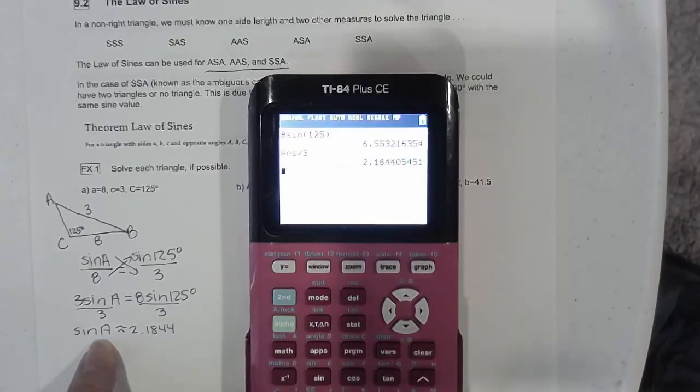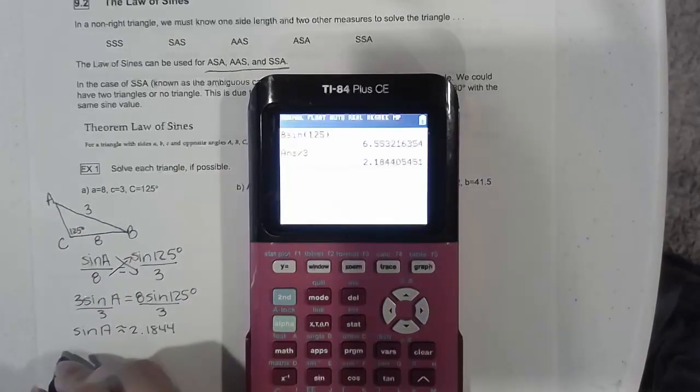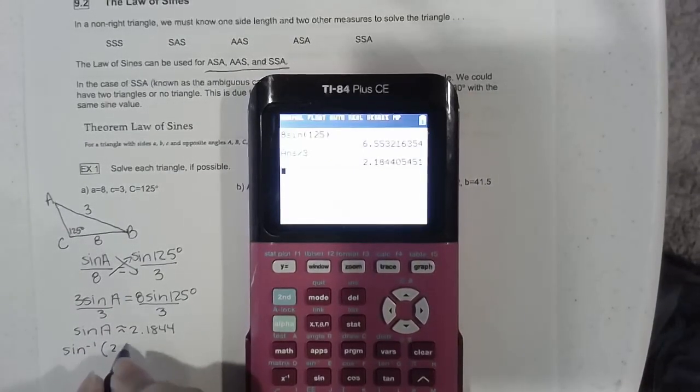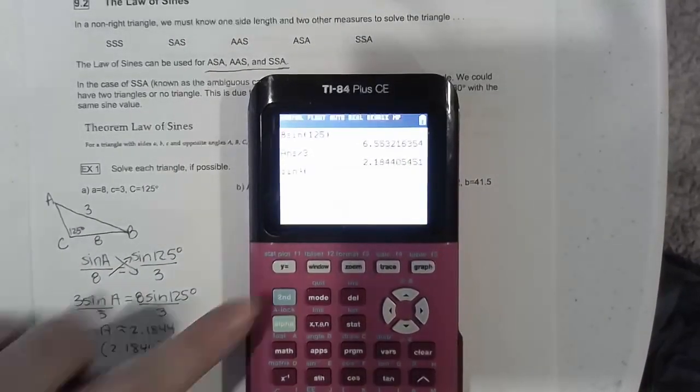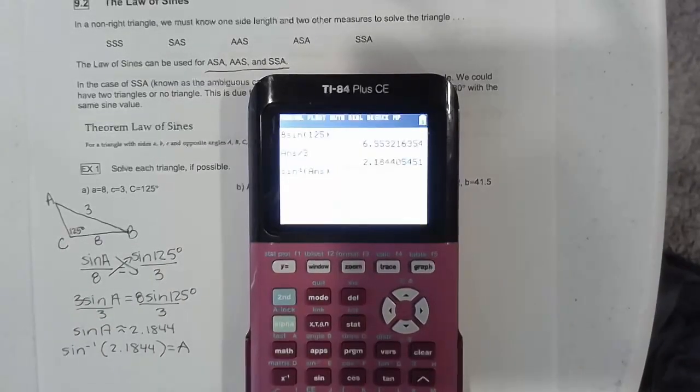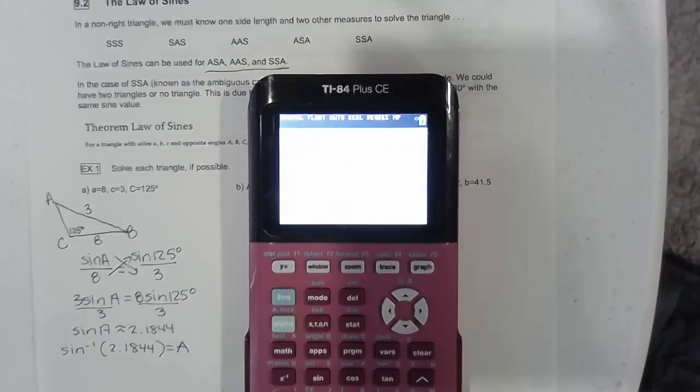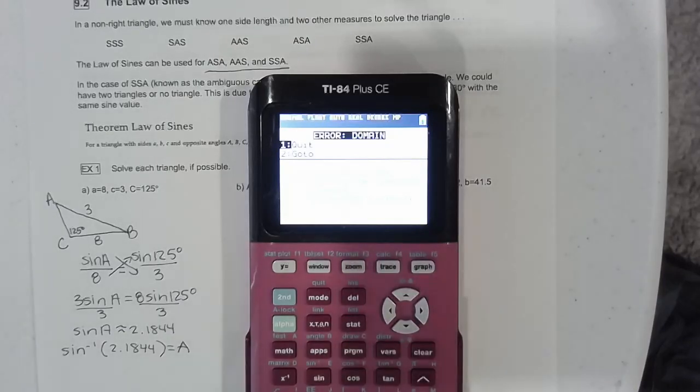I know that to solve for A, I would need to then do inverse sine. So, second sine, second answer, because I'm doing the whole thing, not the rounded version. And it tells me error domain, which, if we stop to think about it, would make sense because we know that sine oscillates between -1 and 1, and this was bigger than 1. So it's outside the domain.